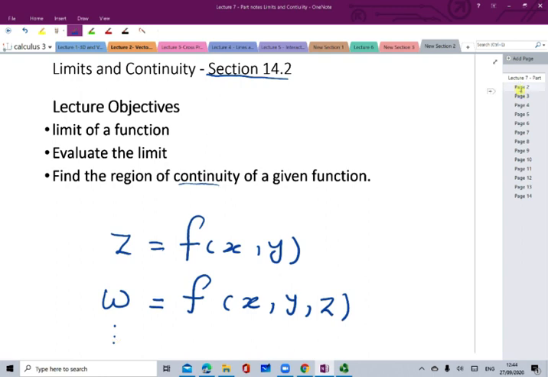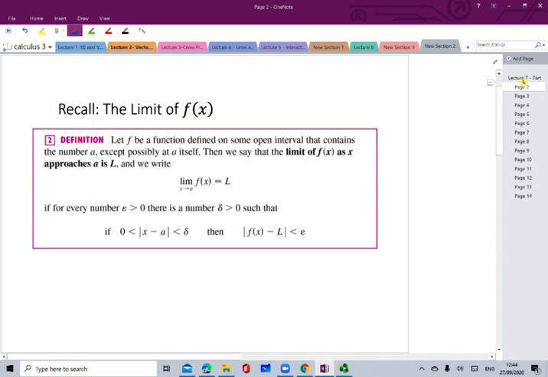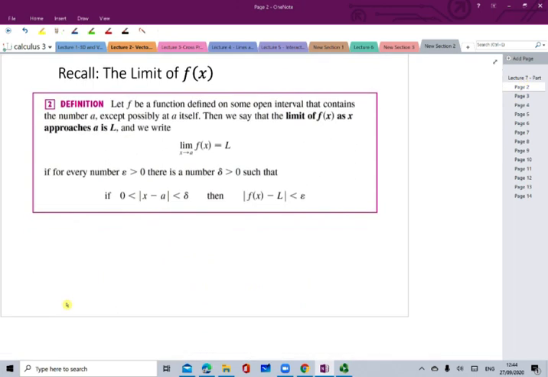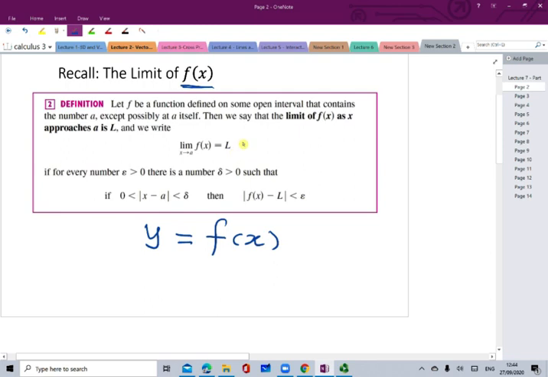Now let's recall from the previous calculus of one variable. When you had a function y equal to f of x, you defined the limit of the function f of x as x approaches a point a, and the limiting value we called L. Okay, this is the notation that we used before.